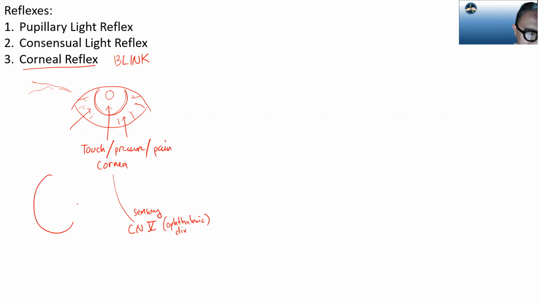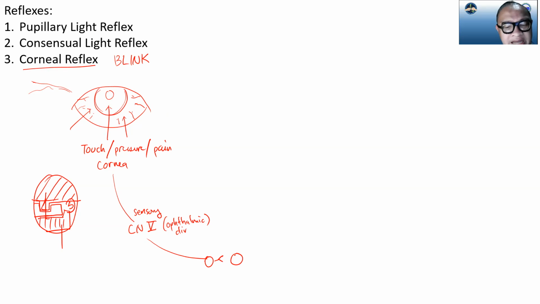Remember the drawing. This part here is your ophthalmic division. This part here is your maxillary, and this part here is your mandibular. Your ear is not trigeminal, it's facial. So sensory is cranial nerve 5, ophthalmic division, cranial nerve 5 nuclei.